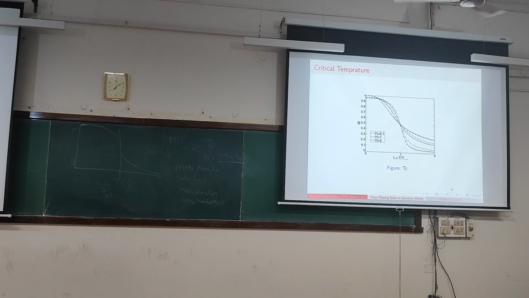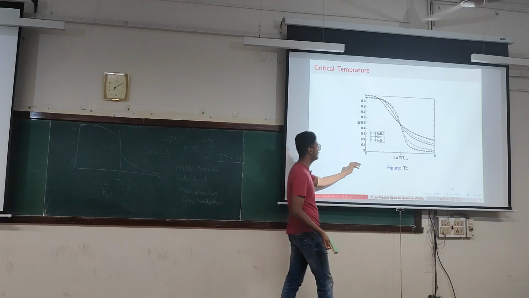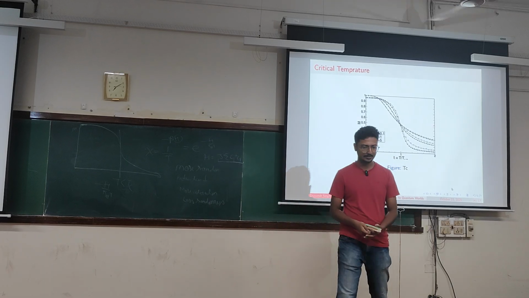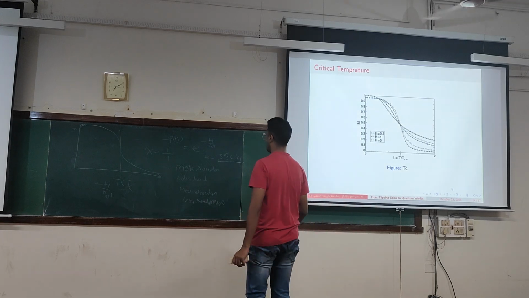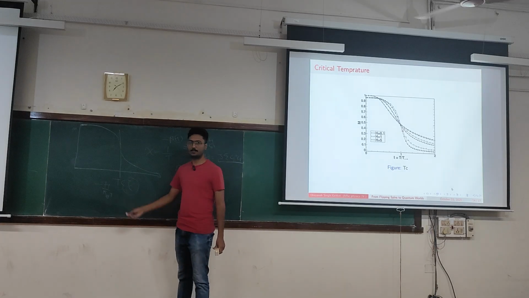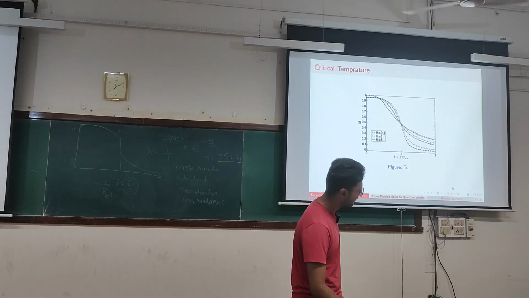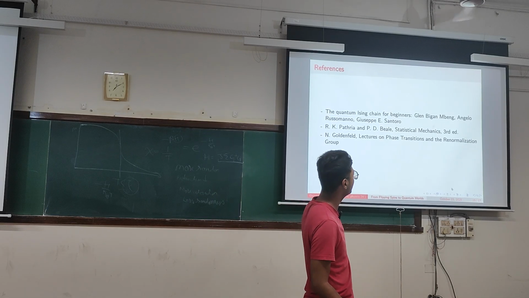The higher the temperature, the harder it is to align the spins together. So the susceptibility decreases as you keep increasing the temperature. This is all about magnetism. The Tc between these is called the Curie temperature, given by Curie. These are some references which you can look up.